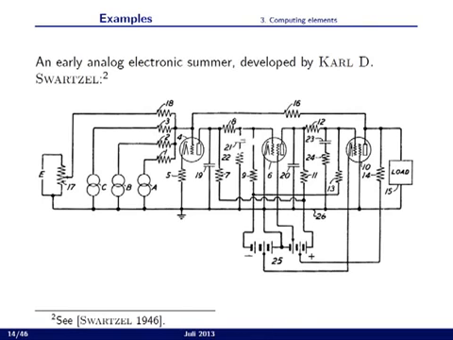This is the original drawing of Mr. Schwarzel, who developed one of the first operational amplifiers. And this operational amplifier is a special one because it is already connected as a summer. This device allowed for the first time to sum values by electronic means.